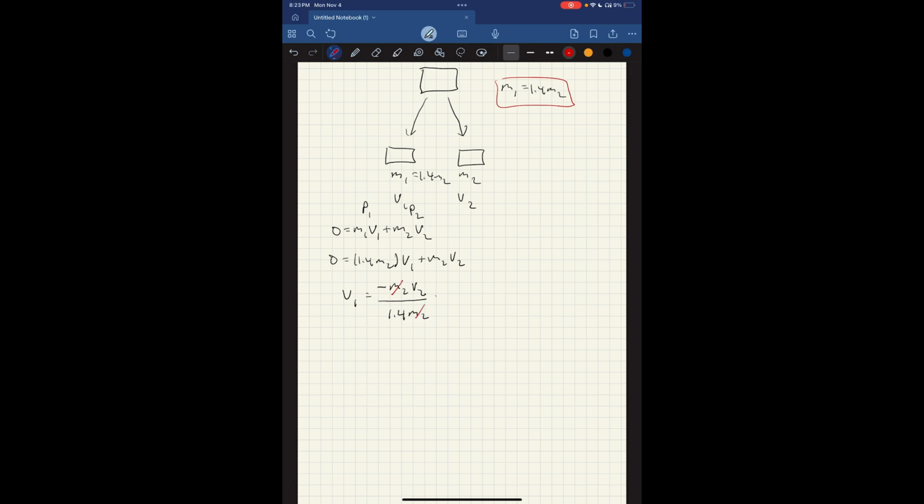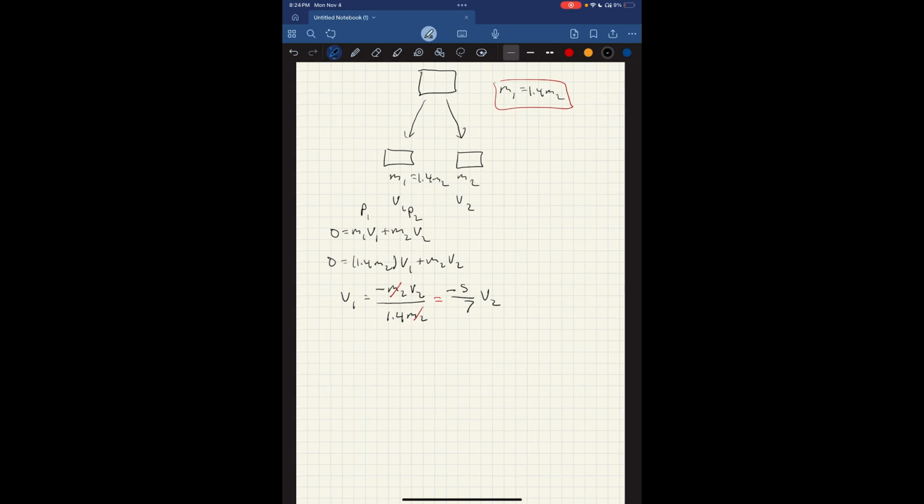The m2's cancel out, and you will have a fraction, an answer that is negative 5 over 7 v2. This we will use again later.